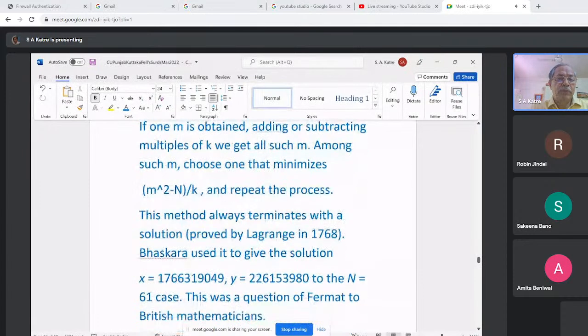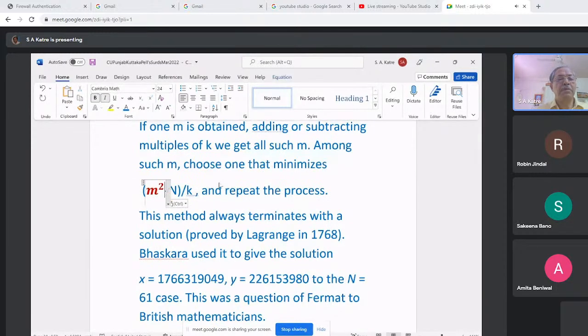Among such m, choose one that minimizes m square minus n by k, and repeat the process. This method always terminates with a solution.